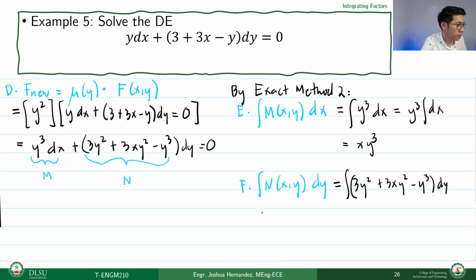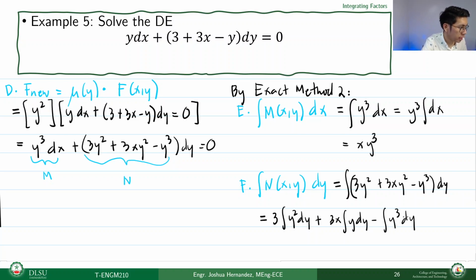Okay. Will give us, factoring out 3, we have y squared dy plus 3x y dy minus y cubed dy. Will actually give us y cubed plus 3x y squared over 2.